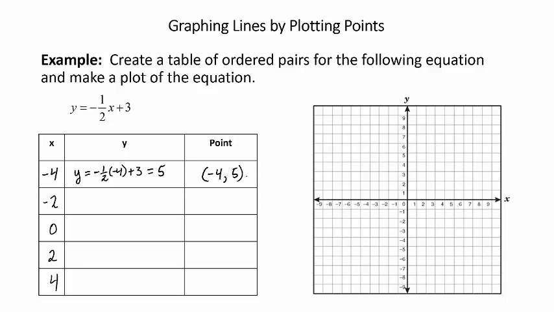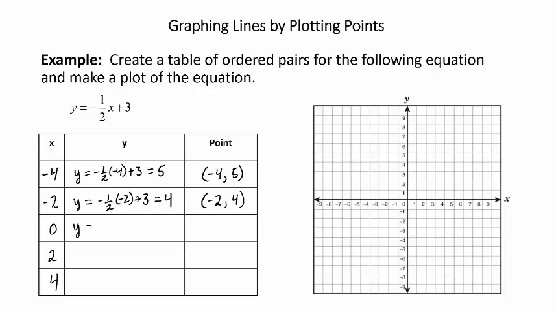Our ordered pair. Now when x is -2, y is equal to -1/2 times -2 plus 3. -1/2 times -2 is 1. 1 plus 3 is 4. Okay, so when x is -2, y is 4. So the ordered pair will be -2, 4.